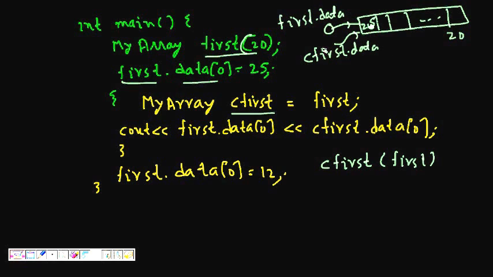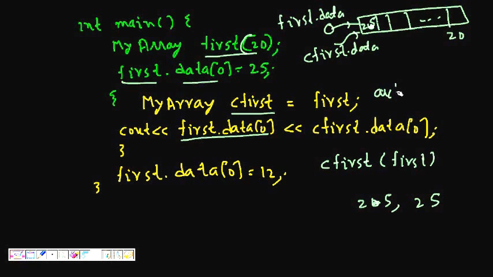Both point to the same memory location. Now I print first dot data 0 and C first dot data 0, which gives 25. This is perfectly fine.